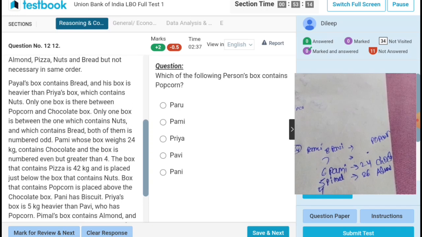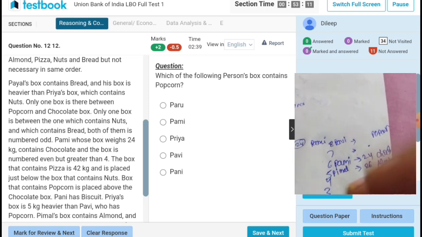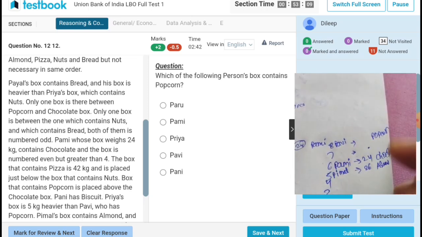Next, Payal contains bread and his box is heavier than Priya. Nuts and bread. So I think this is nuts and bread. The box contains what is just below nuts.